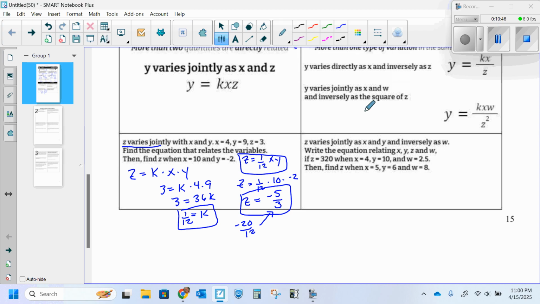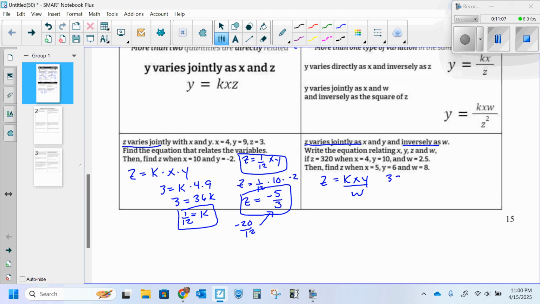All right, z varies jointly as x. So if z varies jointly with x, that's k times x and y, and inversely with w. So there's your little generic equation. Now we're going to find k.